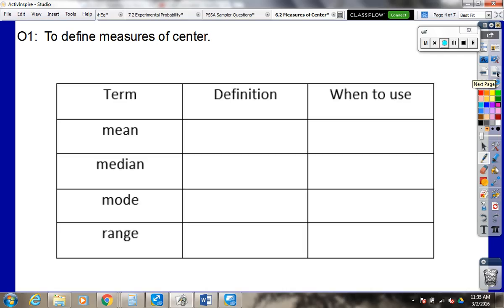Okay, so first we're going to just define what the terms mean, and we're going to go through this quickly because most of you were okay with this yesterday. So to find the mean, we take the sum of all the values. So we add all the numbers up, and then we divide by the number of values. So say we have 5 test scores.